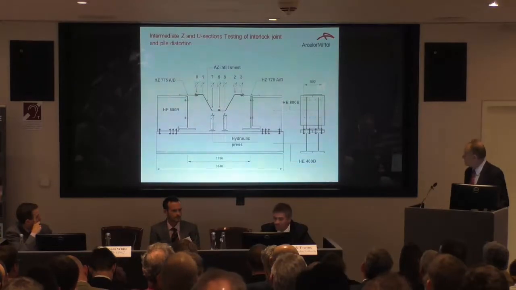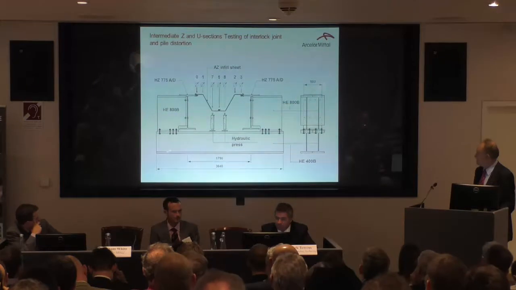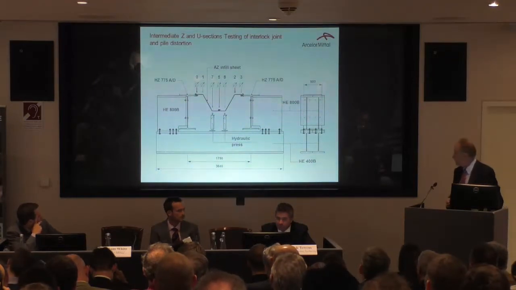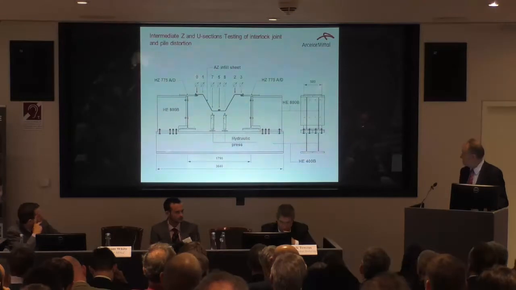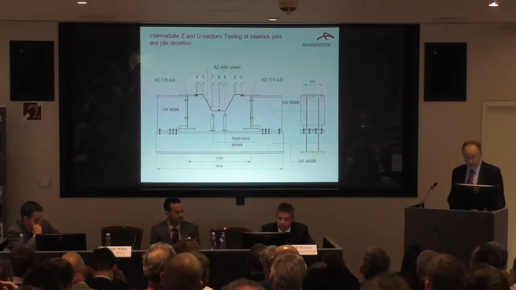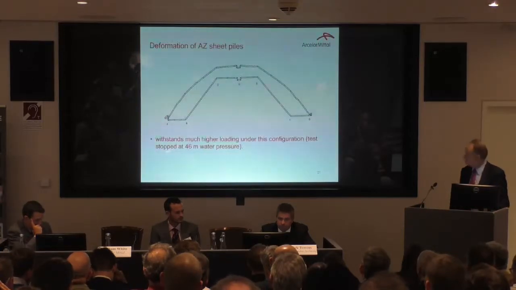This is a typical test rig. In this case we test the intermediate piles for use in combi walls under very high pressure and load. So we're talking about testing the sheet pile itself to deform before interlock pull out or splitting.